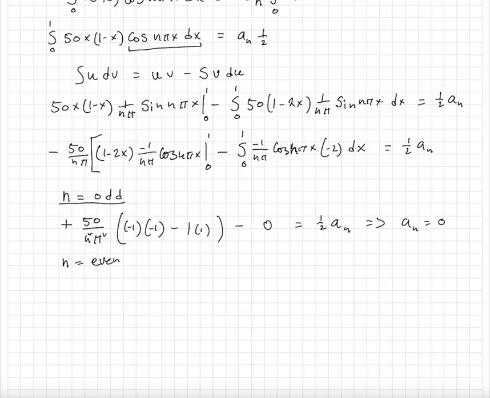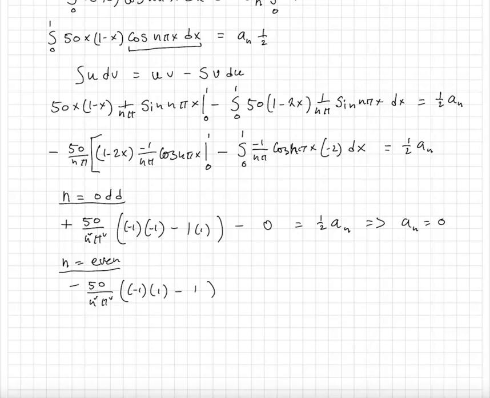So n is this time even number. If n is even number, what do we do? We just follow the previous step, but now we will have here minus 50 divided by n square pi square, and then I have 1 minus 2x, which is minus 1, but now n even, so I will have plus 1 minus 1.